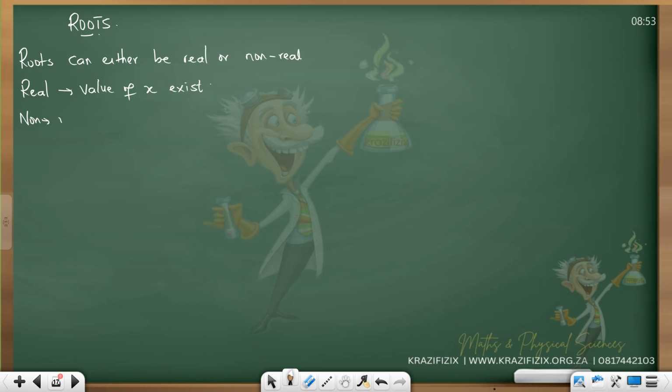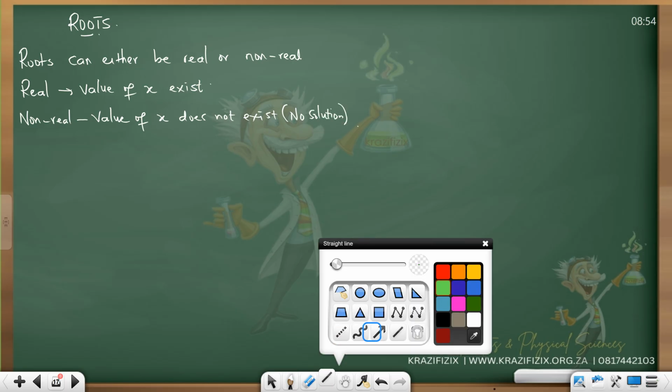Non-real, let's quickly break this down: the value of x does not exist. And this will give us what we call no solution. I want us to quickly explore this.